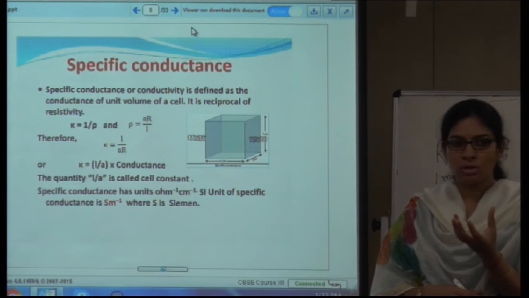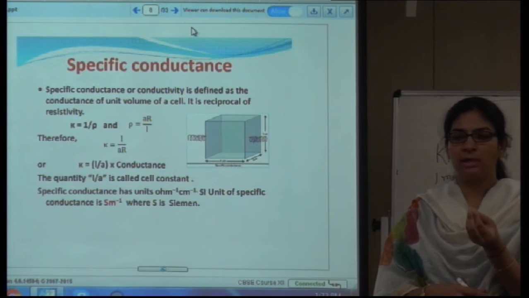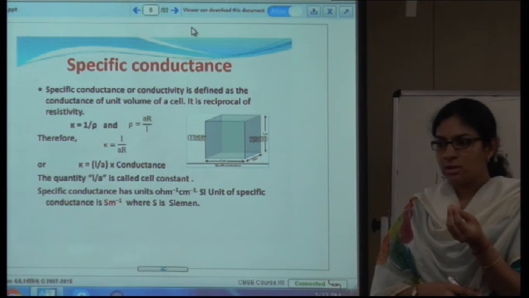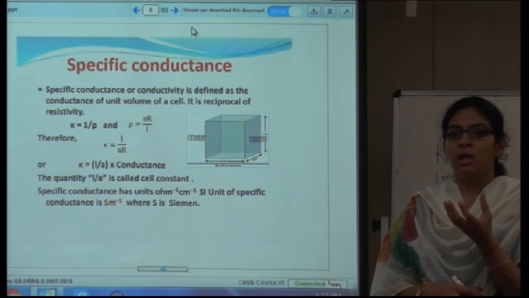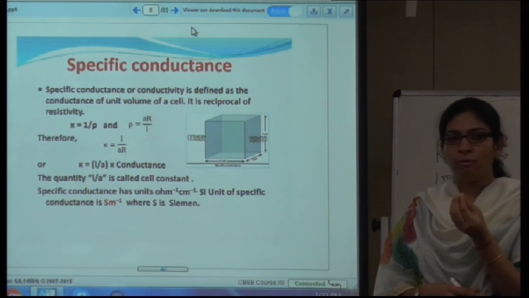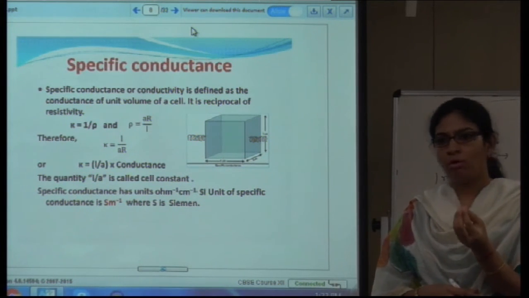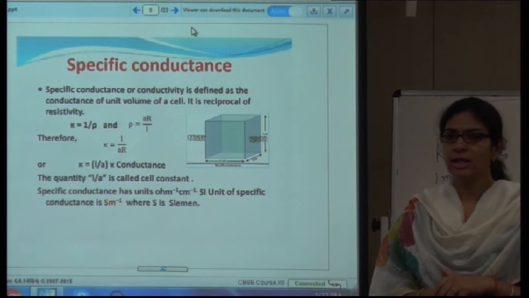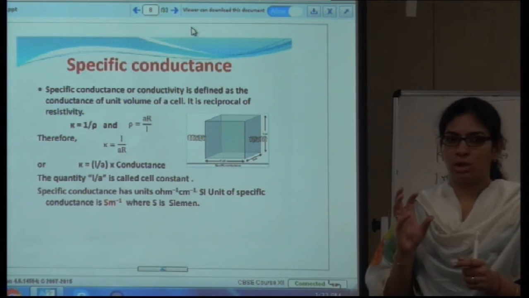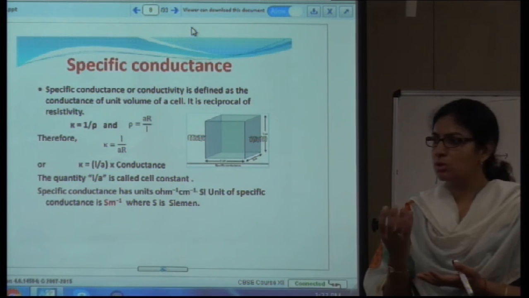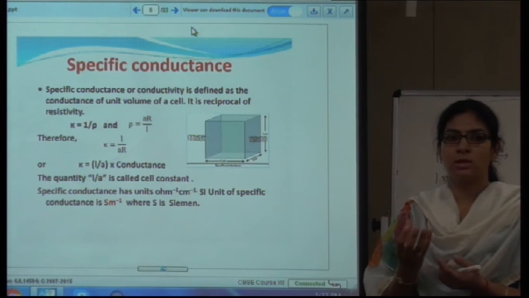So it's better to define specific conductance or conductivity as the conductance of 1 centimeter cube of a solution. When we talk about solution, we express it in terms of volume.